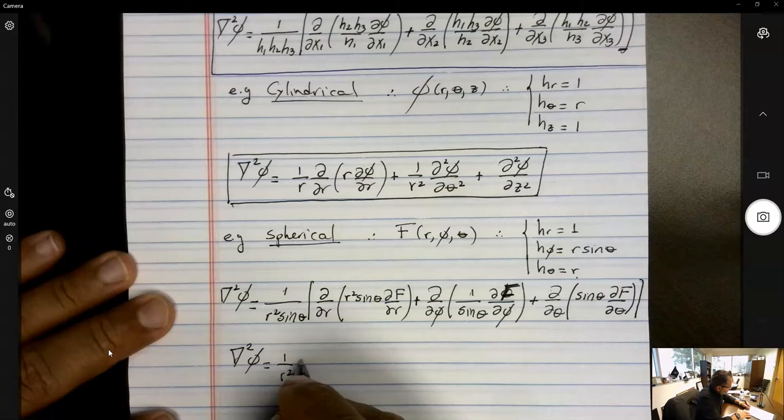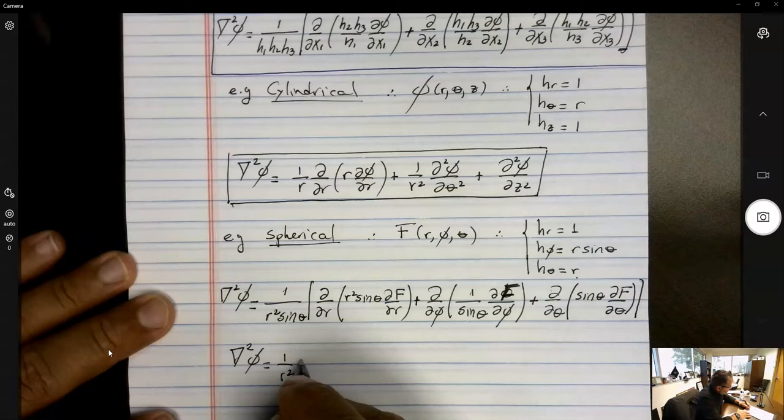In the second expression, notice I can actually take the sine of theta out of the expression and multiply it with this sine right here. So this will be 1 divided by r squared sine squared of theta times the second derivative of f with respect to phi squared.